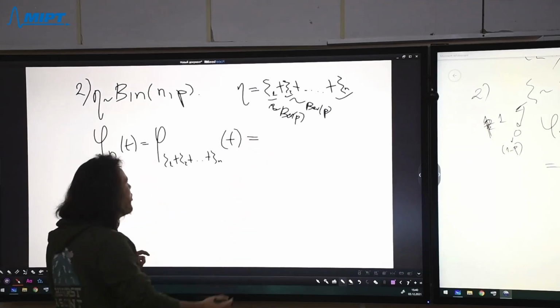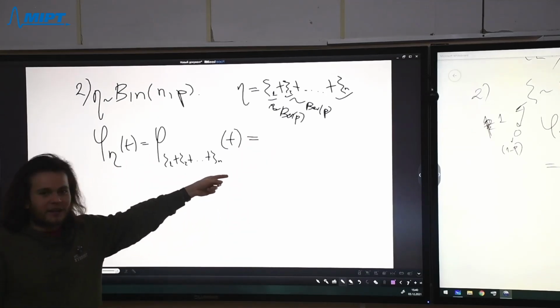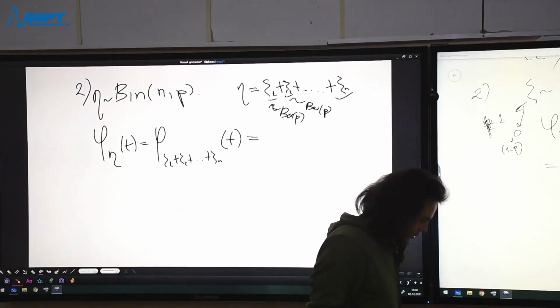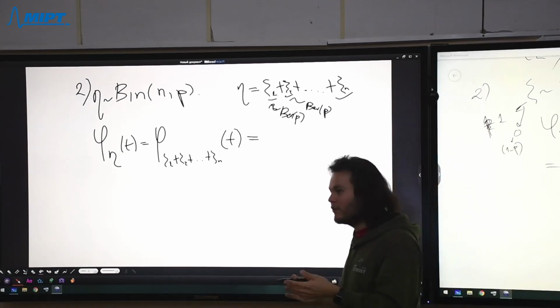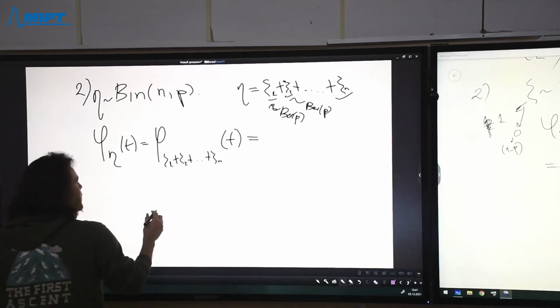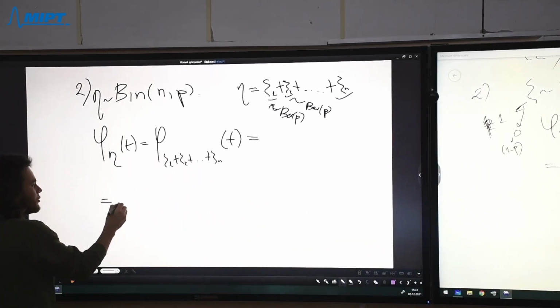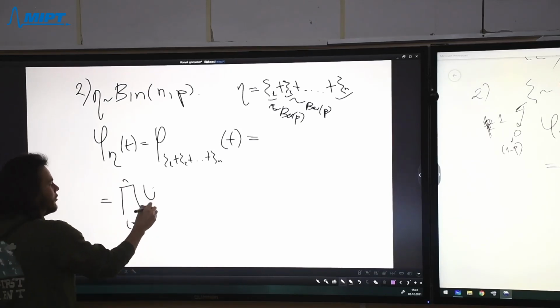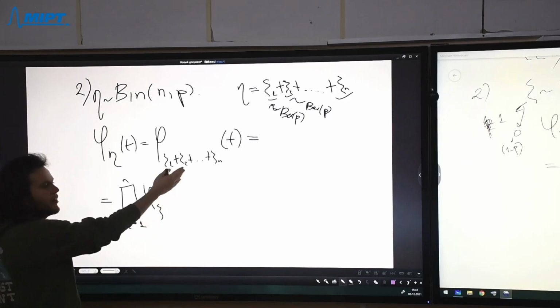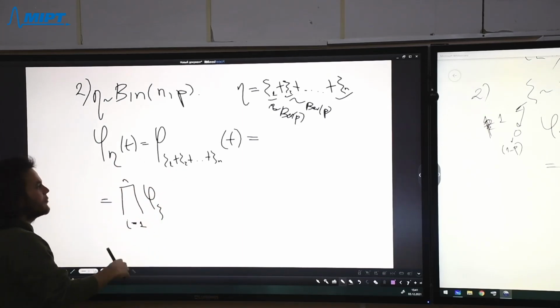Now, what do we know about psi 1, psi 2, and psi n? We know that we are flipping this coin independently, right? So psi 1, psi 2, and psi n are independent random variables. So it means that this is equal to the product from 1 to n of phi of psi. So let's say that psi 1, psi 2, psi n all have the same distribution.